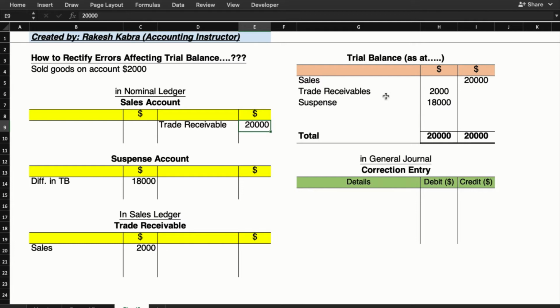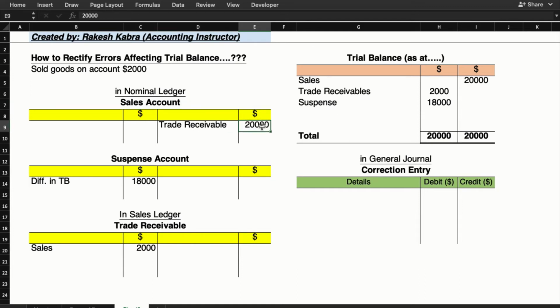The overall concept behind rectifying the error is that we will rectify the error in such a manner that the affected account starts showing the correct balance. In this case, the sales account is the affected account, and it is showing the wrong balance.